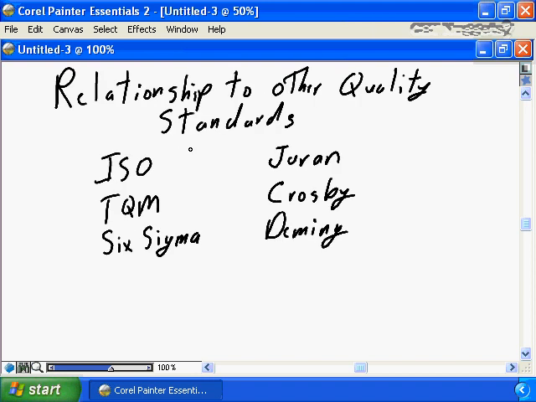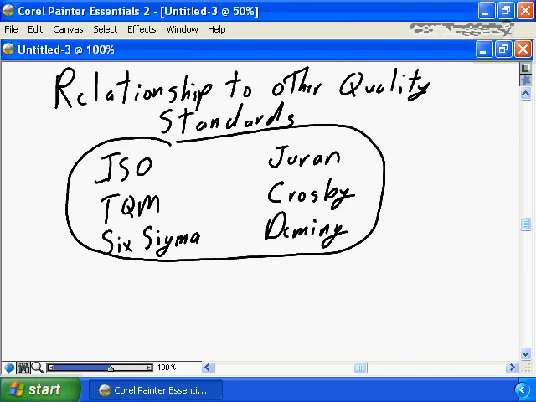As just mentioned, the PMBOK guide has its own definition of quality. Conformance to requirements, fitness for use. That's not to suggest it differs from, is unique from, any of a number of different quality standards, and I've listed a few here. Whether they are specific standards or specific well-known experts in the quality field, there are certainly a wide variety of quality standards, quality benchmarks available in the industry.